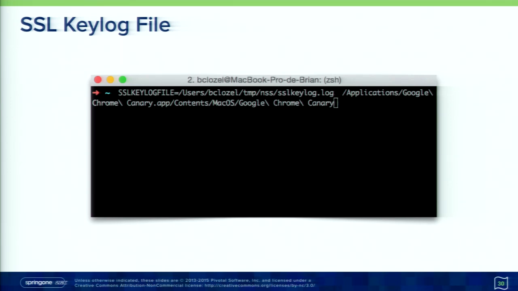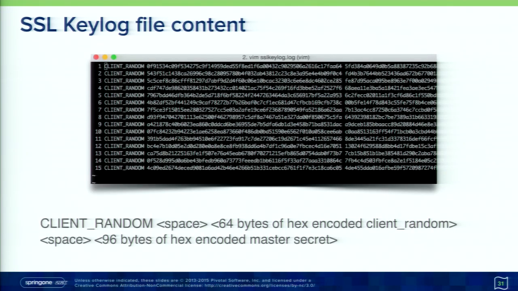Whenever the browser is running, this file will contain a string: client random, plus the actual TLS client random, plus the master secret. With all that information, Wireshark and other compatible tools can decrypt the encrypted connection and help you with the protocol.